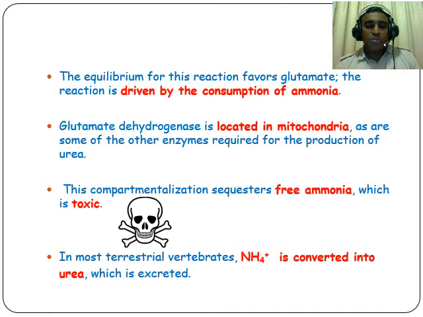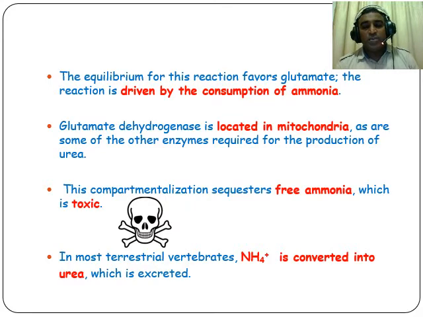If it is a terrestrial vertebrate, then it is converted to urea. Therefore, the urea cycle is of importance. If it is an organism found in water, like fish, it will just be secreted as ammonia. So we have to look into which organism the ammonia is released in.